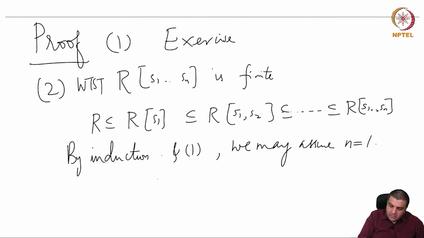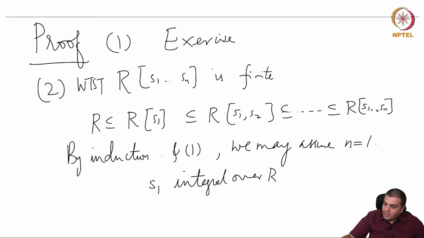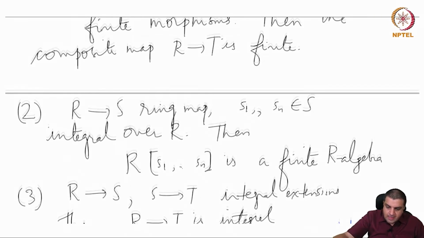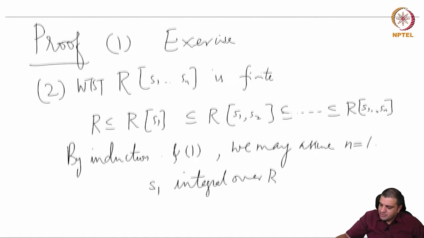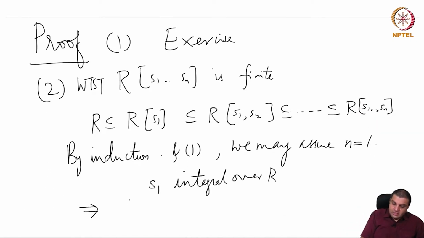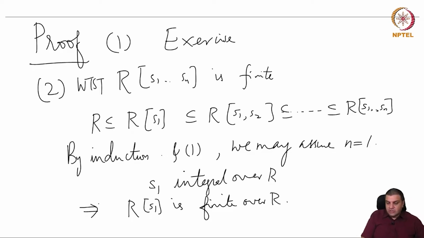We are just interested in s1 integral over R. This implies that R adjoin s1 is finite over R. In the previous lecture, we found various equivalent conditions for an element of an extension ring being integral over the base ring R, one of which was that the subalgebra generated by that element is a finite algebra. So this proves 2.